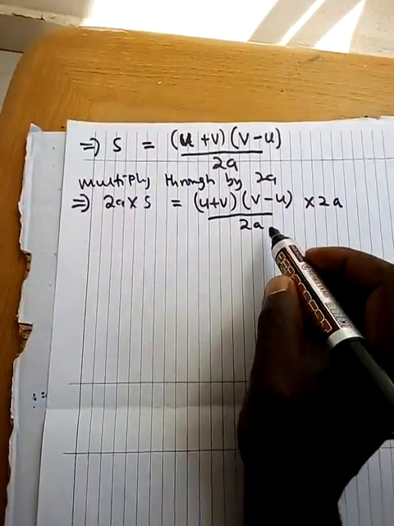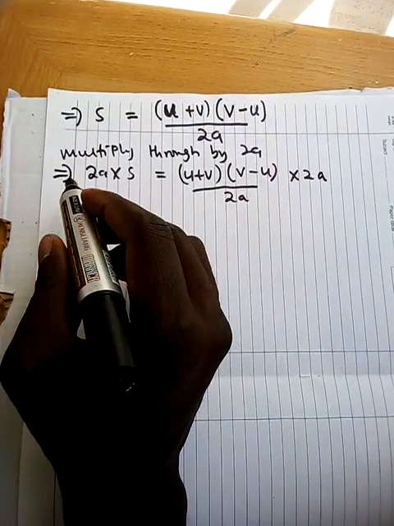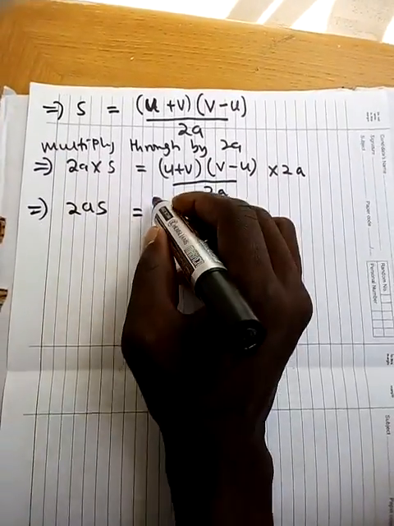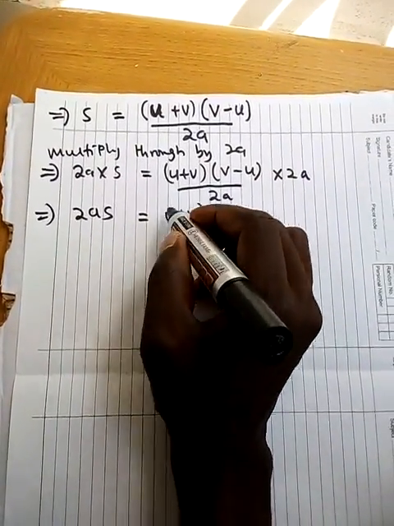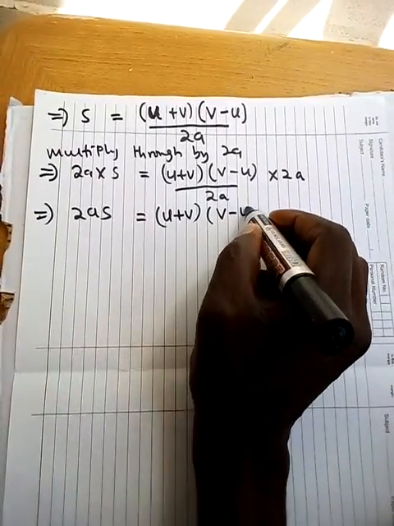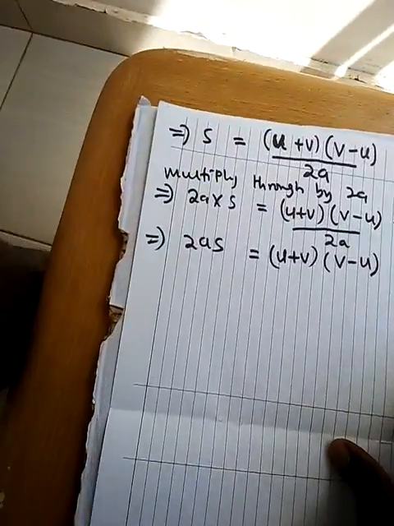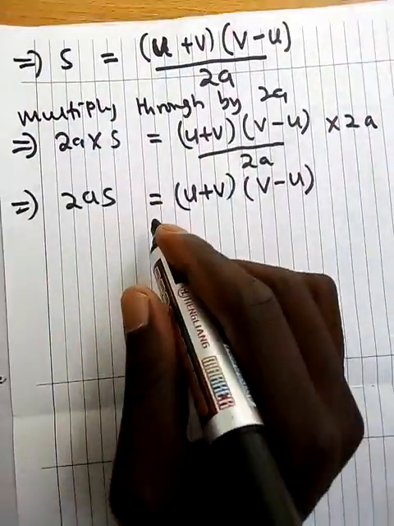The 2a on the right hand side will cancel out. We shall remain with 2as is equal to u plus v times v minus u. Now that is a factorized expression. We are going to expand the right hand side.